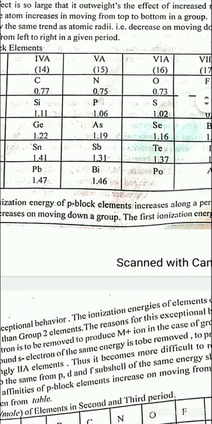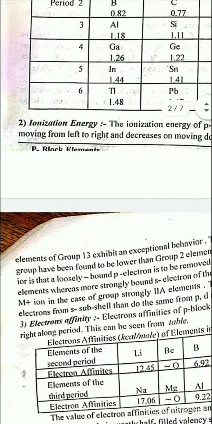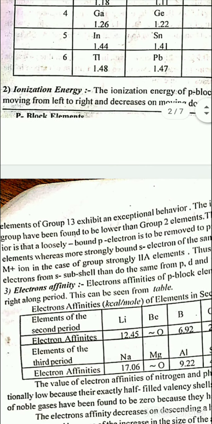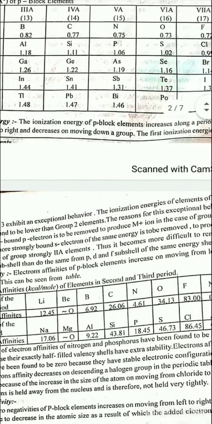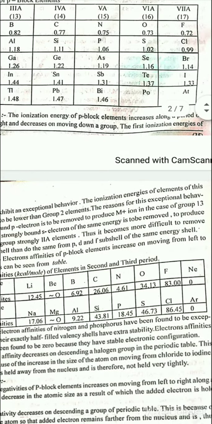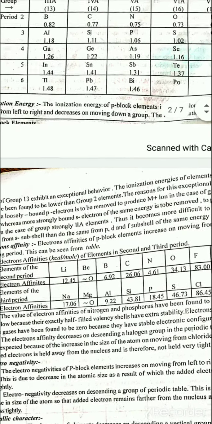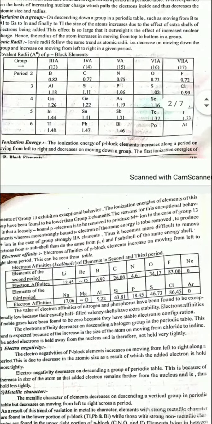The first ionization energy of the group 13 elements exhibits exceptional behavior. The ionization energy of the elements of this group has been found to be lower than that of group 2.